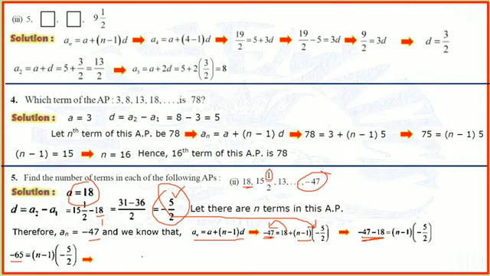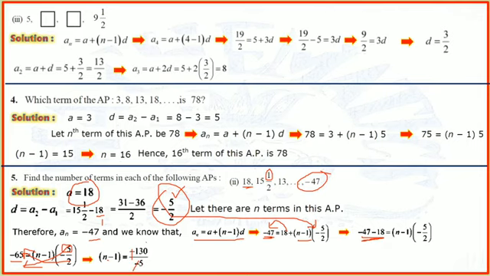This implies n minus 1 equals 2 into minus 65, cross multiplication here, minus 65 into 2 is minus 130, and then this 5 will go to the denominator, so it is upon minus 5.